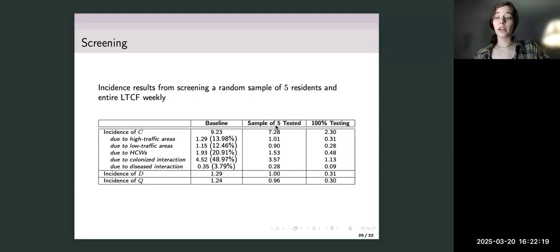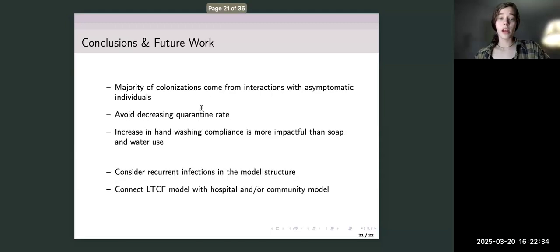So pretty low. We can also see that healthcare workers are the second contributors after colonized interaction, which is consistent with what we're seeing everywhere else. Finally, for some conclusions, we essentially are observing that most of our colonizations, again, are coming from interactions with asymptomatic individuals.